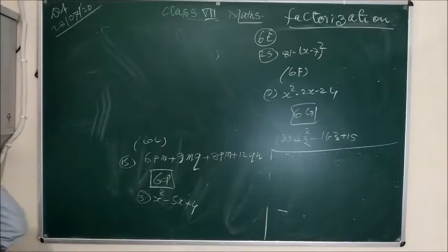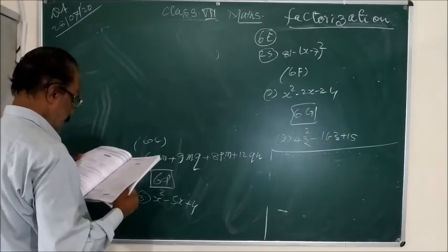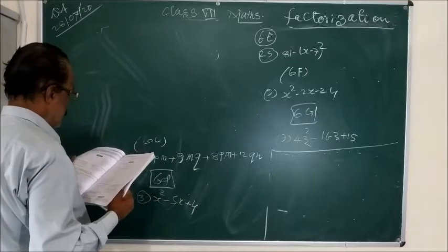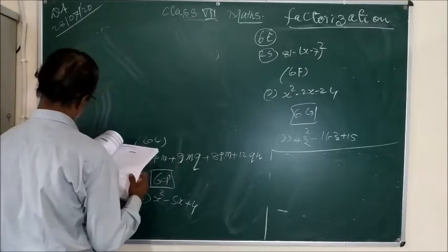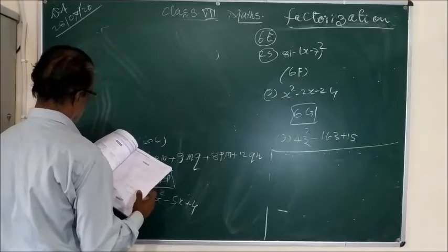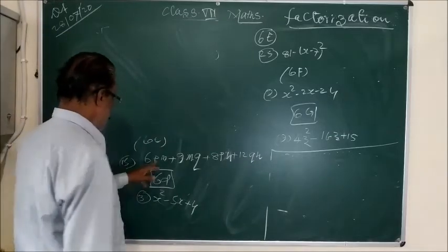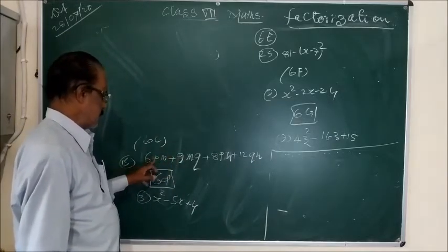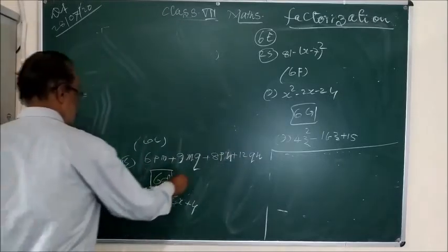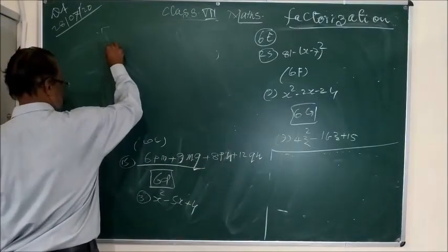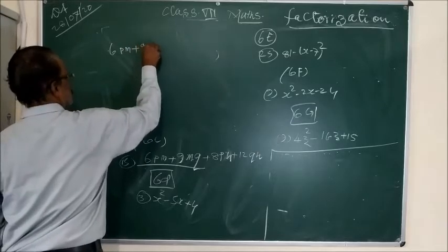In 6C, look at the question: 6PM plus 9NQ plus 8PN plus 12QN. If you take N common, and 3 common in the numbers, what remains here is P plus Q. N is common here, so look, let us group these two together. So you can make the pair 6PM plus 9NQ.